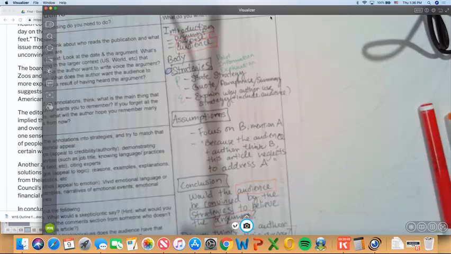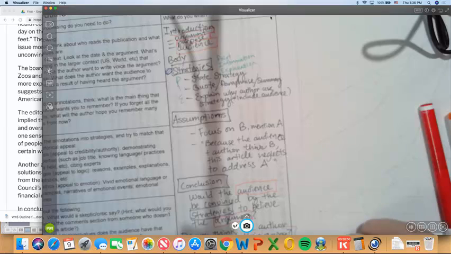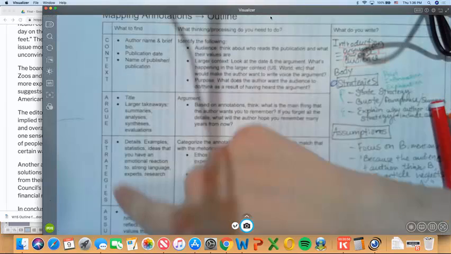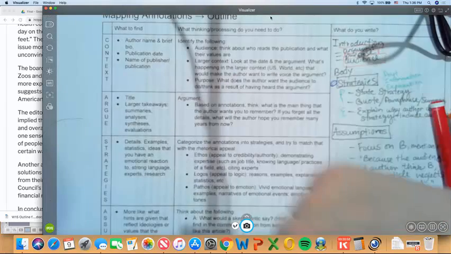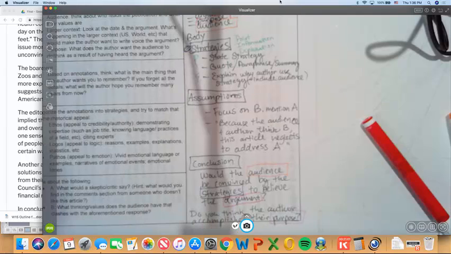I would say try and come in with this already in your head as much as you can, so that you can focus on reading the article and getting this information. I'm going to go ahead and go away from that.